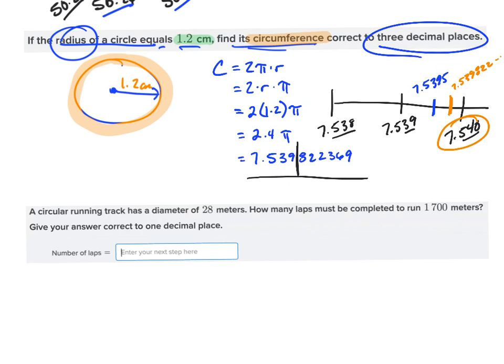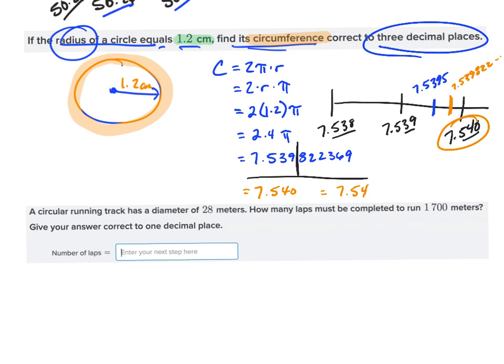So it's closest to 7.540. So we're going to round that, say that's 7.540. You should be able to have the same thing with 7.54.